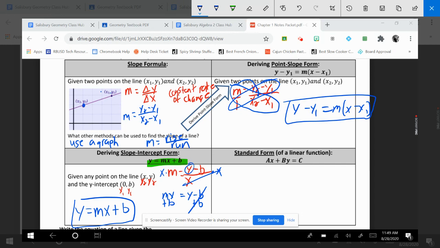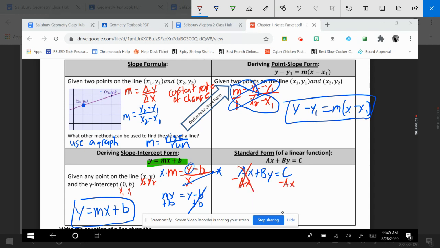And then the last one is standard form. Let's do ax plus by equals c. And so you're going to see something cool happen here in standard form, actually. Let's isolate y. That's kind of what we're used to, right? We're used to isolating the y. So let's subtract ax.